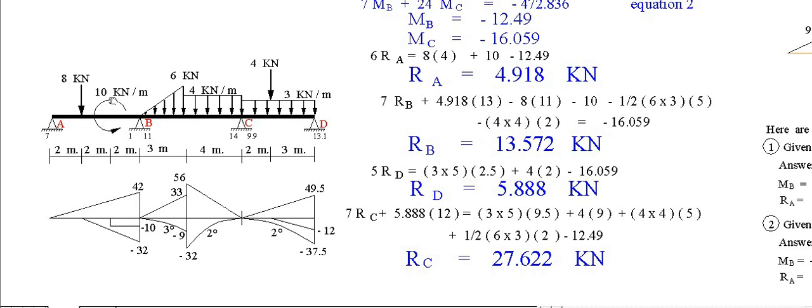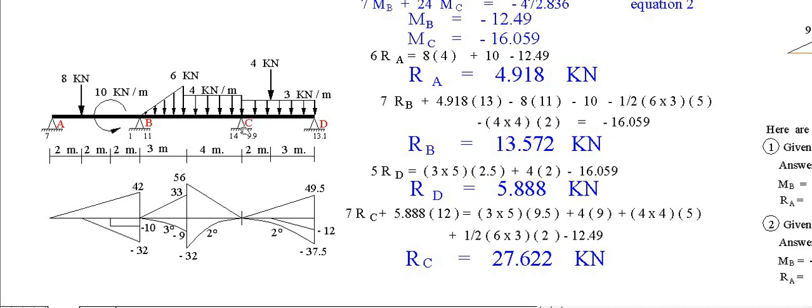Then minus 10, the moment 10, the same direction as the 4, the 10. Minus 10, then minus the triangular load, 1/2 times 6 by 3, distance is 4 plus 1/3 of 3, or 5, 4 plus 1. Then minus this uniform load, 4 times 4 times 2.